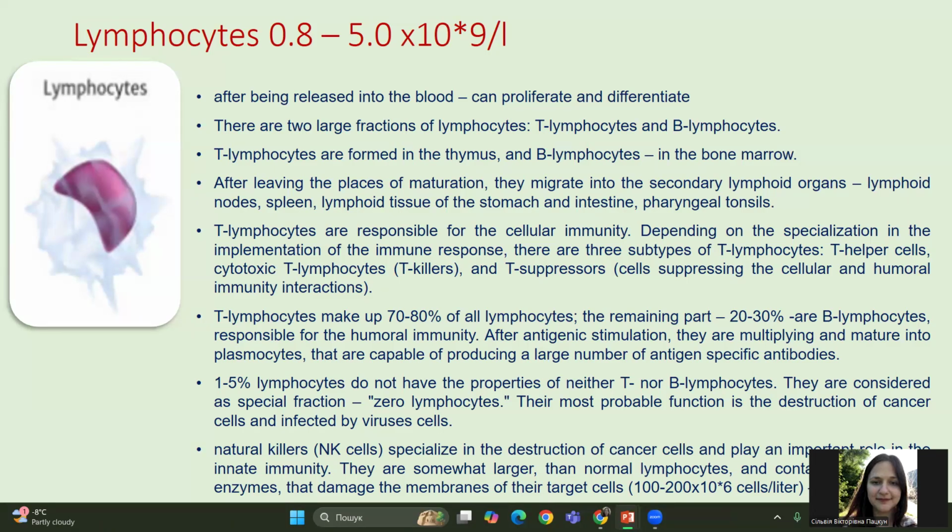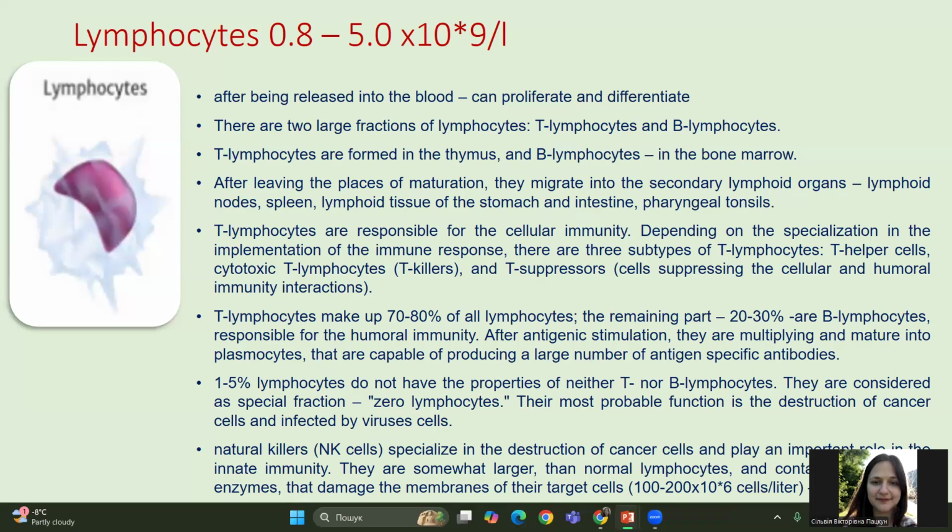T lymphocytes are responsible for cellular immunity. Depending on the specialization in the implementation of the immune response, there are three subtypes of T lymphocytes: T helper cells, T cytotoxic or killers, and T suppressors, which suppress the cellular and humoral immunity interactions.